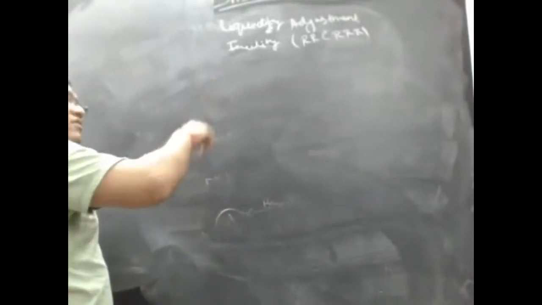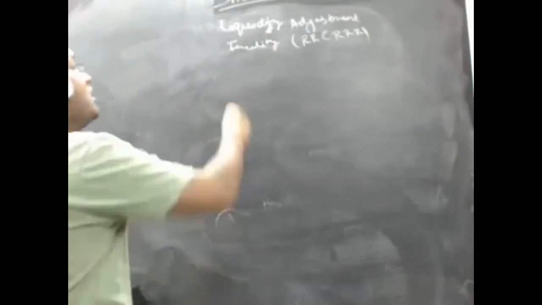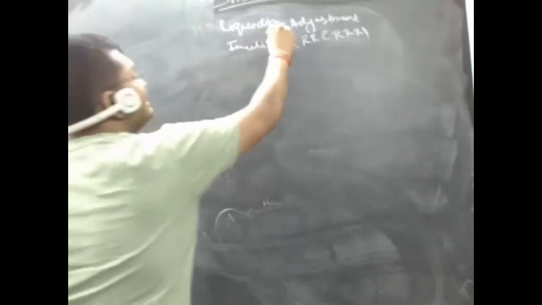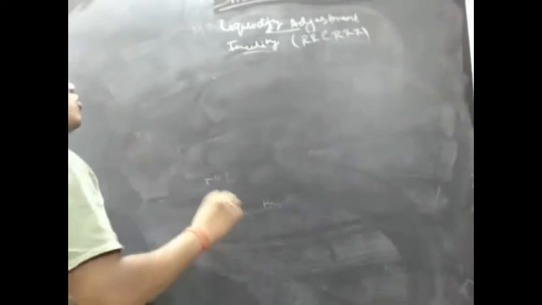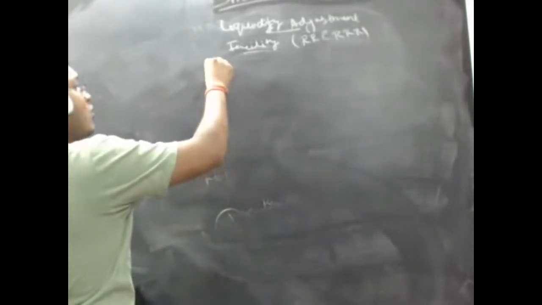Our whole discussion in LAF is restricted to the repo rate, okay? If you want to borrow money from RBI under the liquidity adjustment facility, who can borrow I will tell later. First, how much you can borrow.